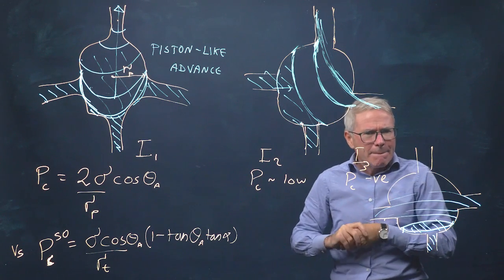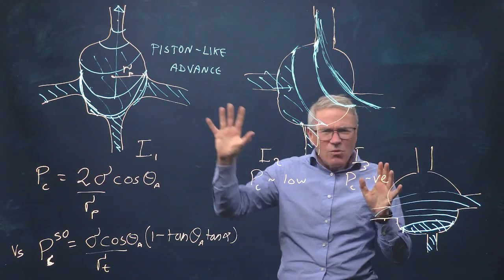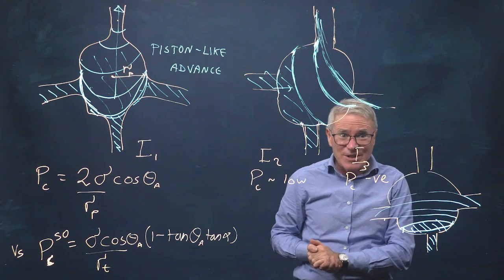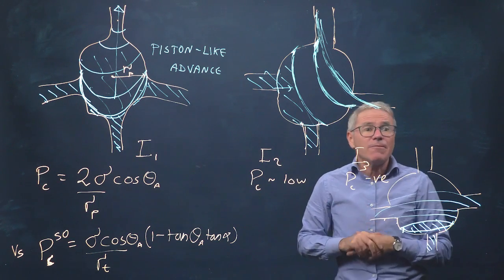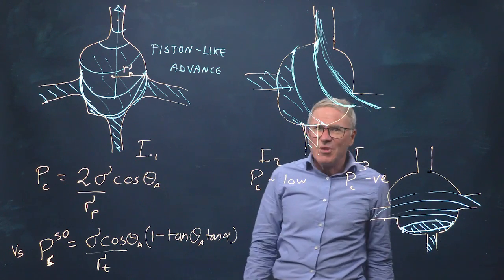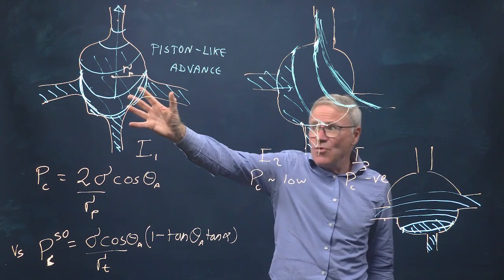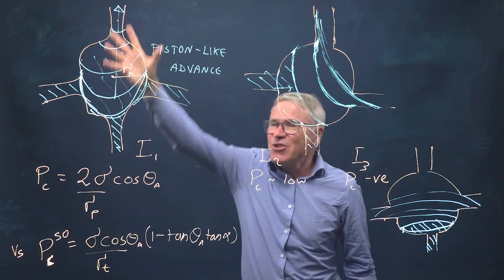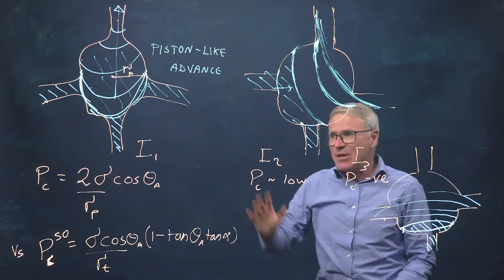Now, what does this all mean in terms of real systems? There is, in fact, a very subtle competition between essentially I1 events that do not lead to trapping, because that's the most favoured.